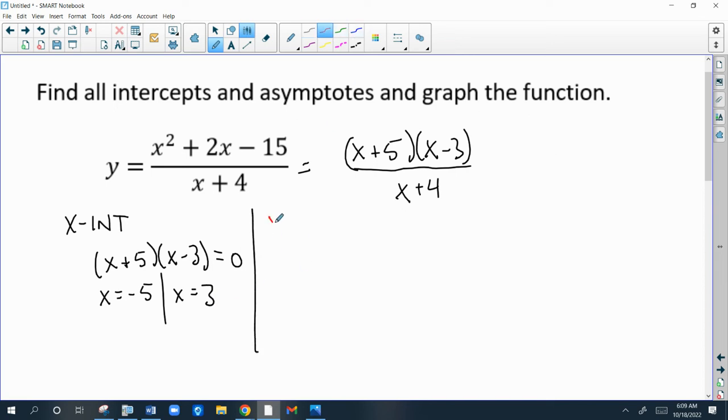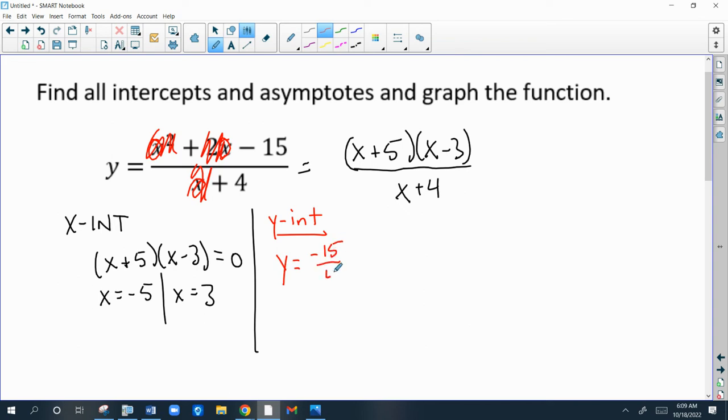Y-intercepts. For y-intercepts, you're going to plug in 0 for x. So basically, I'm going to plug in 0, and do this on the non-factored version. It's a lot easier. 0, 0, 0. The y-intercept will be y equals -15/4.